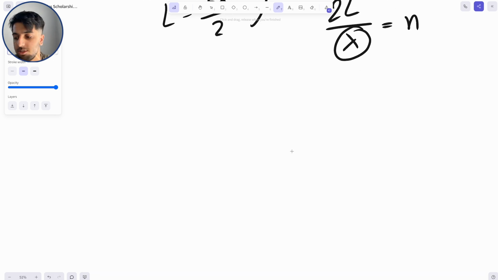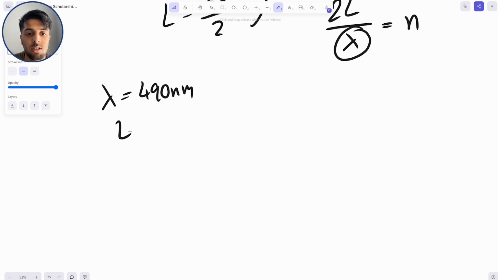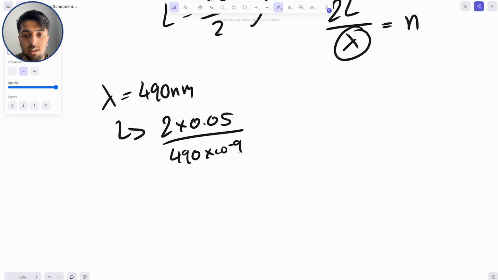So chucking our numbers in for wavelength equal to 490 nanometers, we get 2 times 0.05 over 490 times 10 to the power of -9, because when converting nanometers to meters, we put it to the power of -9, and that's equal to 204,082.